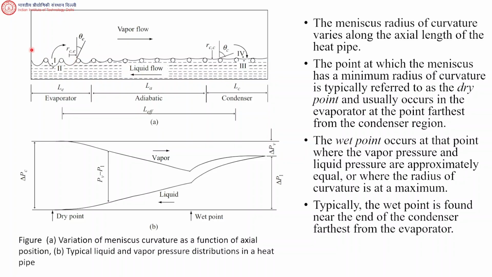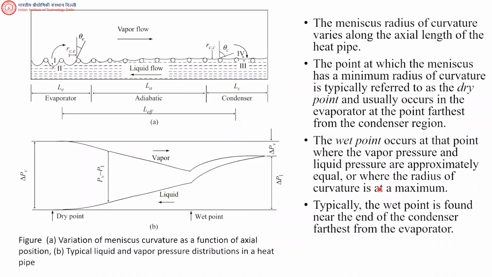It will be around here, minimum radius of curvature. That usually happens in the evaporator, so far from the condenser region. Now on the condenser side, you will have the radius of curvature increasing because the surface is becoming more flat, right? So it's becoming more like this.